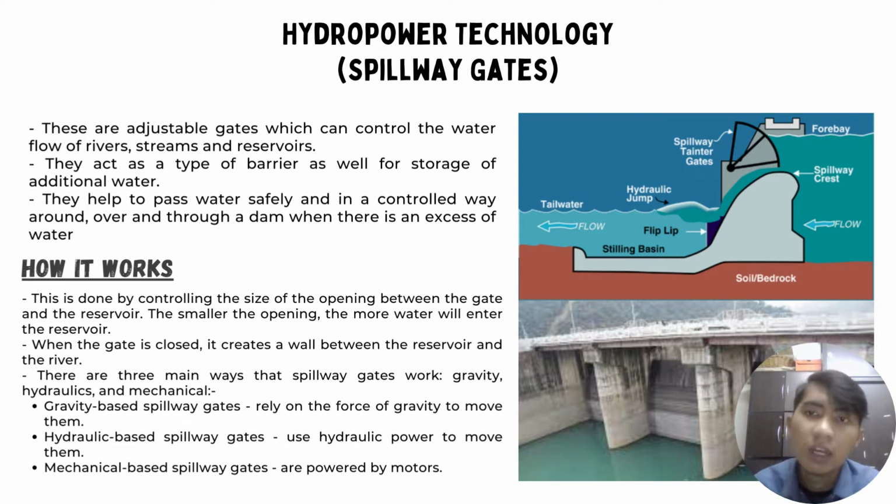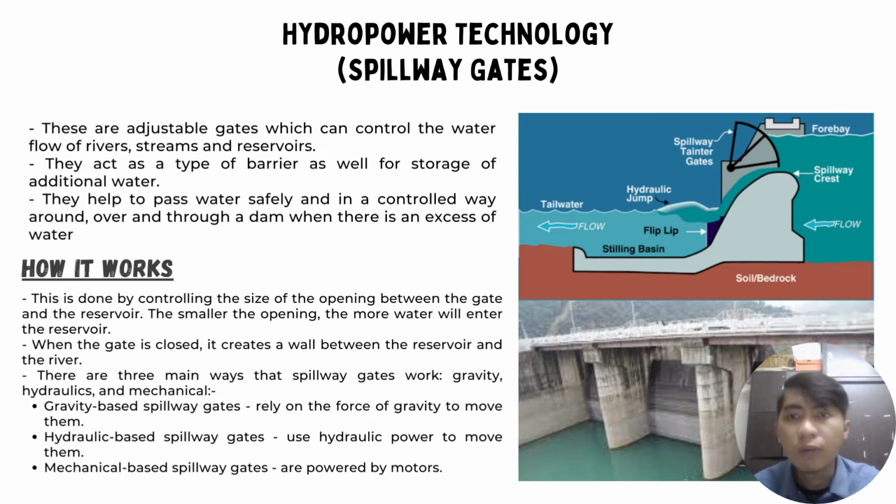So how does it work? It works by controlling the size of the opening between the gate and the reservoir. The larger the opening, the more water will enter the reservoir. When the gate is closed, it creates a wall between the reservoir and the river. There are 3 main ways that spillway gates work.